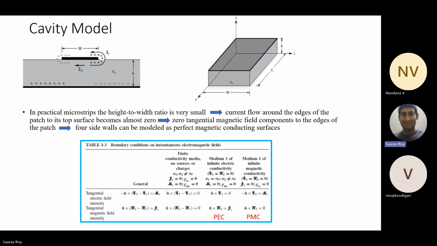So I will ask you, for an electrical conductor, what are the boundary conditions? What would be the boundary conditions for an electrical conductor in terms of tangential fields? You know boundary conditions, right? From basic electromagnetics.